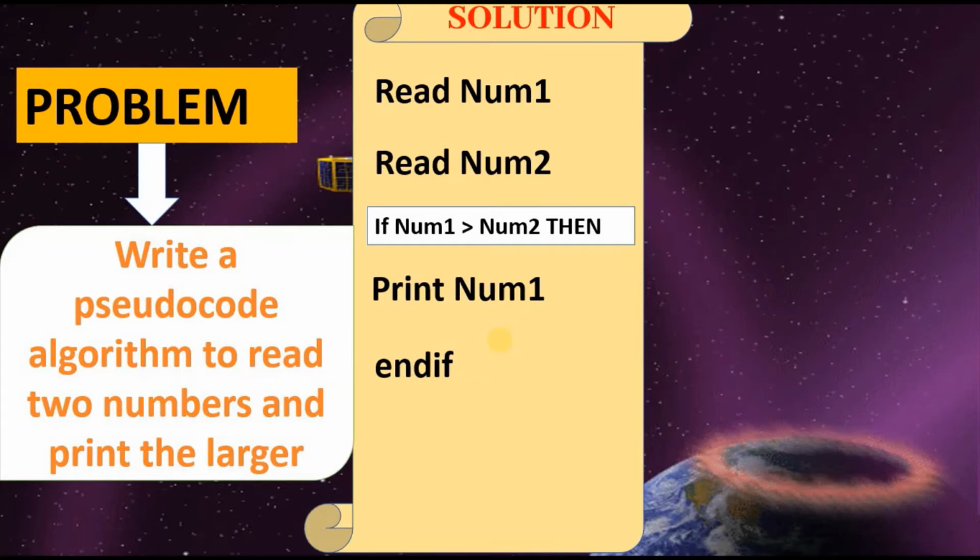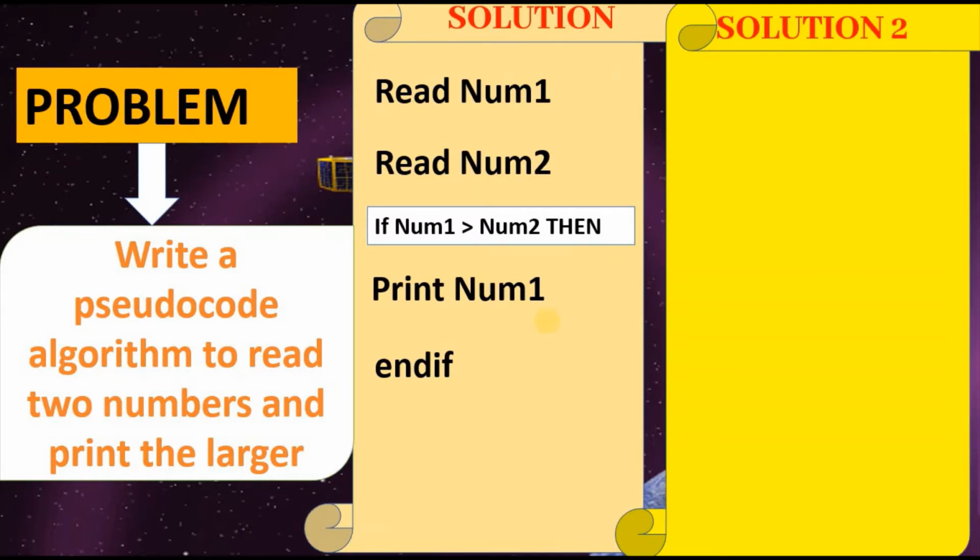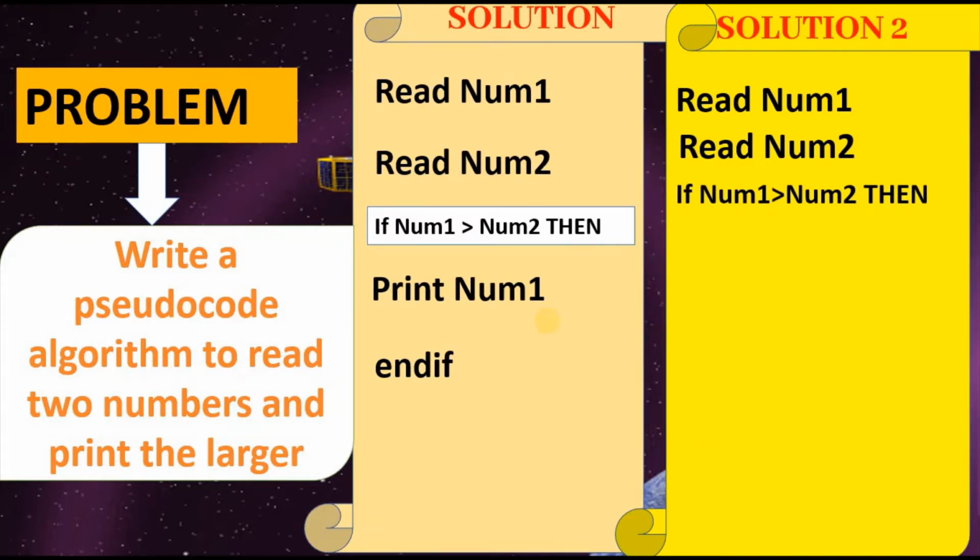Let's say we wanted to make a further test. When we tested, we realized that num1 was not greater than num2. Then we would want to make a selection of something else which was a true statement. So let's see how this solution would go. Again, we're going to proceed to read our first num followed by reading the second num, and then we're testing the statement. So the statement was if num1 is greater than num2, then what would happen?